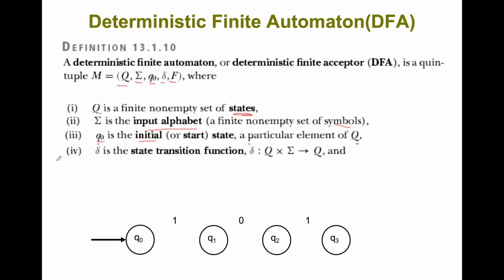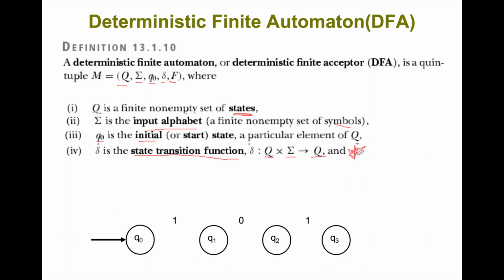Then we go to del, which is a state transition function, where we have an input that comes in a state and takes me to the next state. And here is the concept of deterministic. Determinism in a finite automata is when I have an assurance that I will go to the next state.